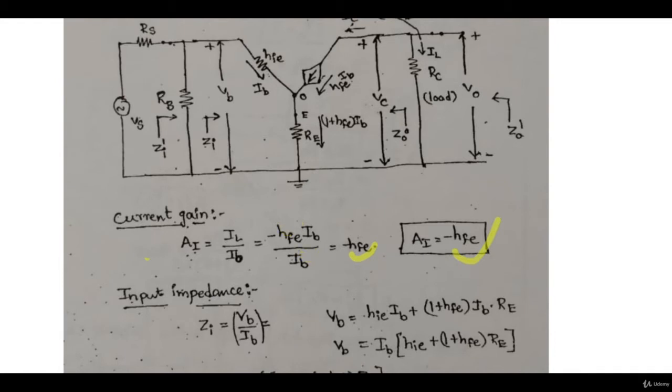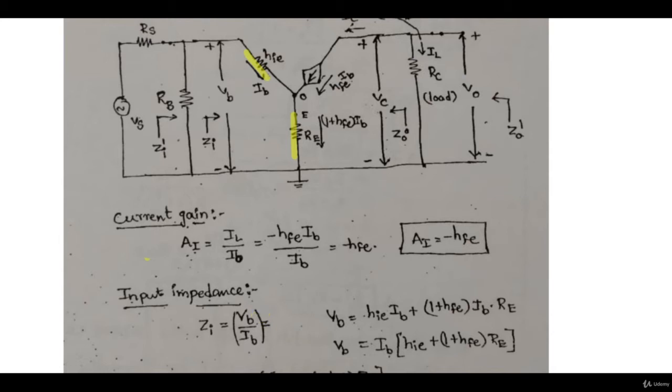Then the input impedance, that is VB divided by IB. VB is IB HIE plus 1 plus HFE IB RE, the sum of the drops across these. You take VB common, VB divided by IB will become Zi, that is HIE plus 1 plus HFE RE.